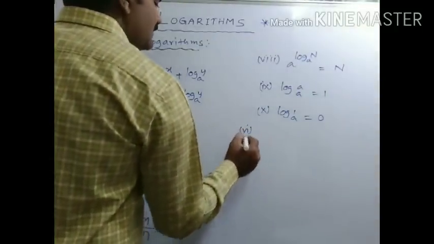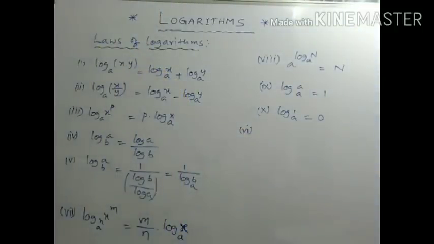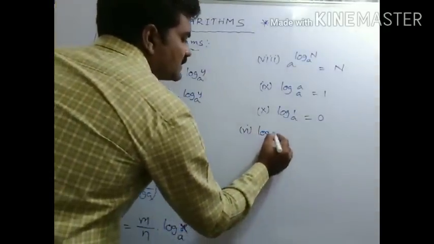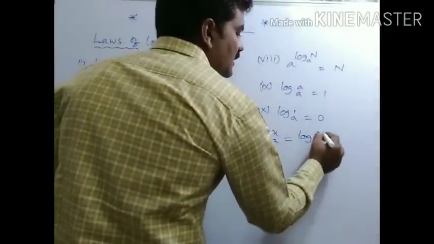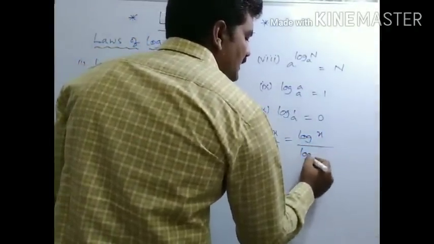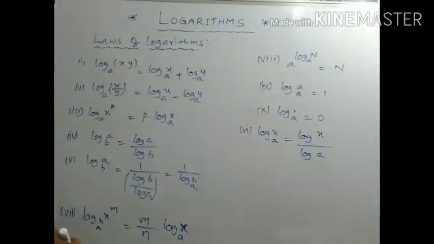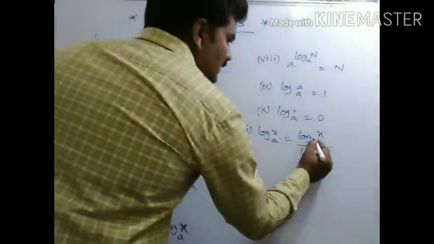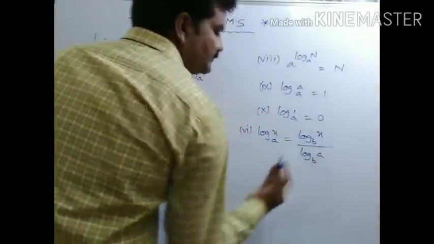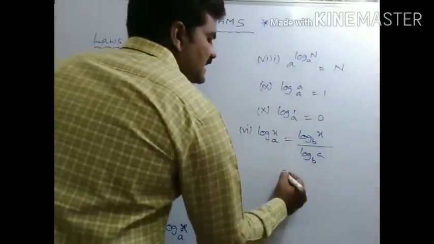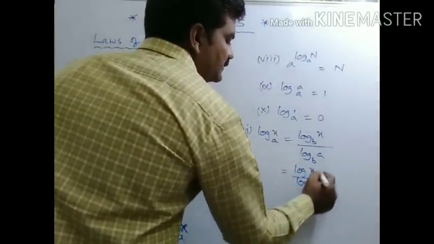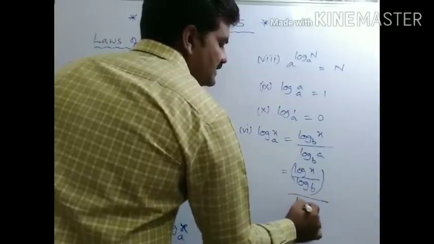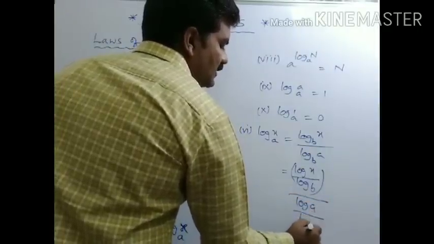See what we left, the sixth one. Log x to the base a. So this actually we can write as log x by log a to some base b. Why? Because this we can write as log x by log b, and this as log a by log b.